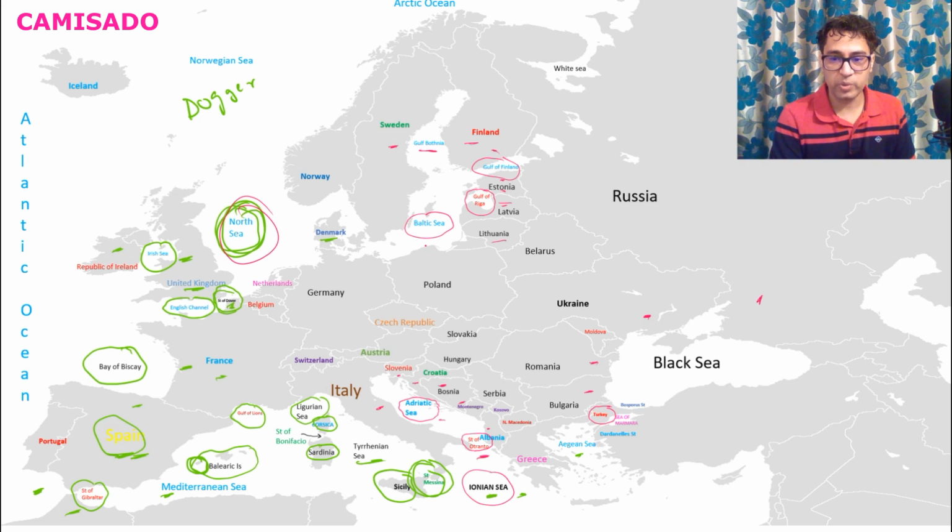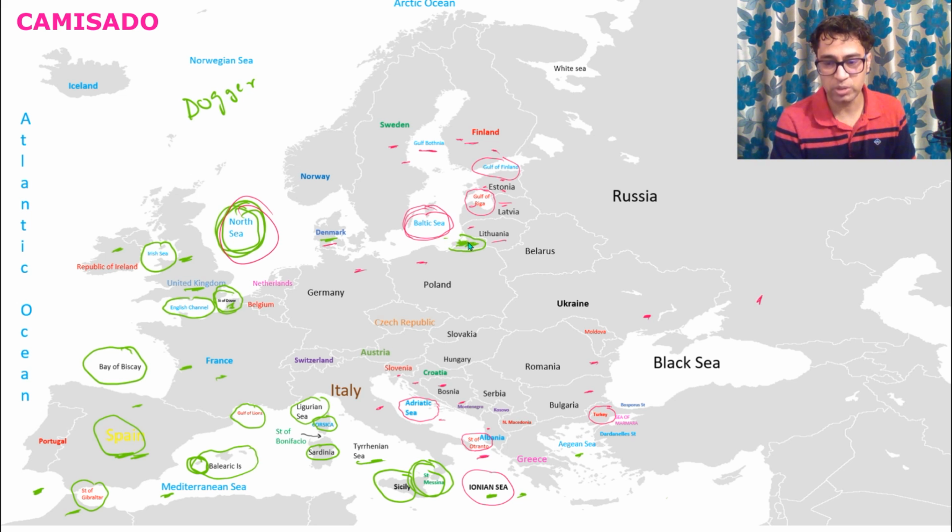And there can be a question about the Baltic Sea, that which countries touch the Baltic Sea. So Denmark, Germany, Poland, Lithuania, Latvia, Estonia, Finland, Sweden, and this small part here is actually a part of Russia. So remember this. So Russia also touches the Baltic Sea.